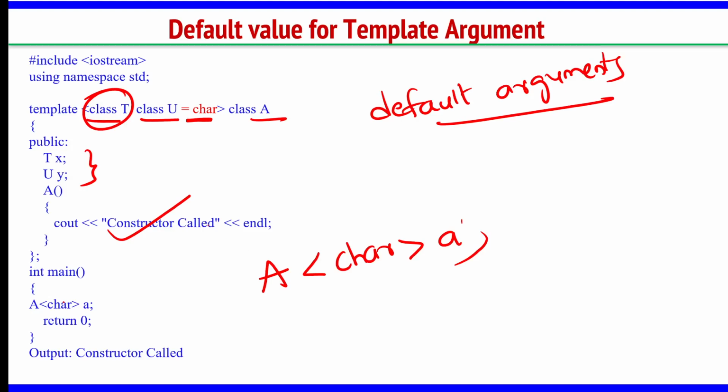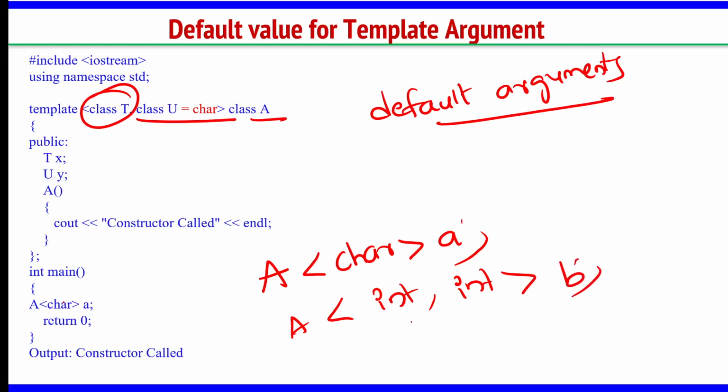You can override it. This is a default value, so you need to give only one, you need not give the other one. If you want to override it, you can give int comma int of b, then this will become int, not character.